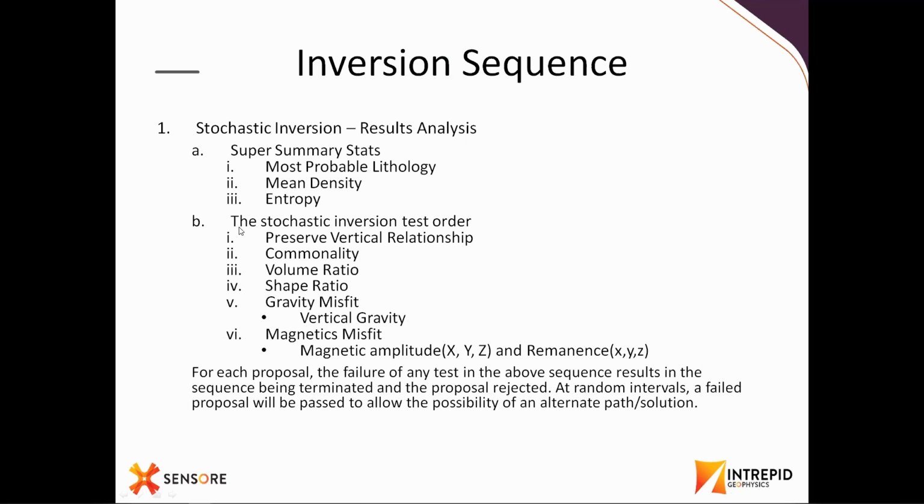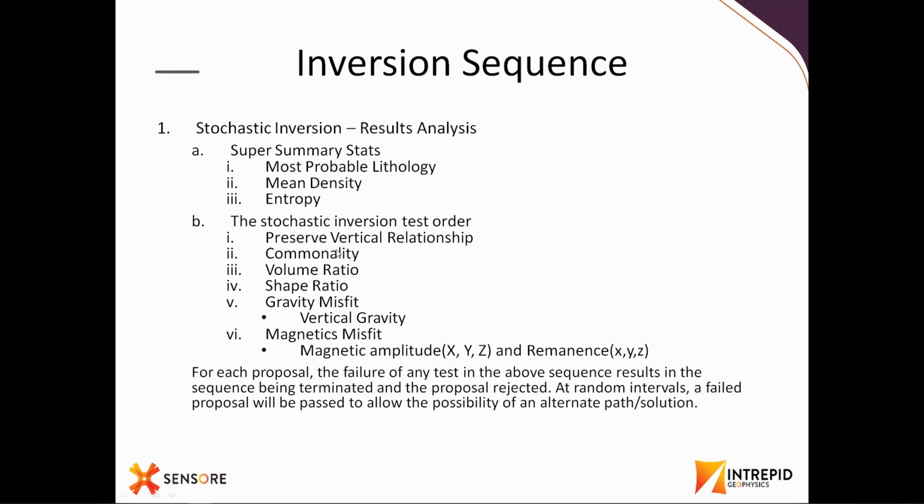To test the stochastic inversion, we perform various tests. First, we test a preserved vertical relationship that honors the stratigraphic sequences. It allows us to restrict the relationship during the inversion scheme. Otherwise, our inversion will work very randomly and give you a very discrete and weird result.